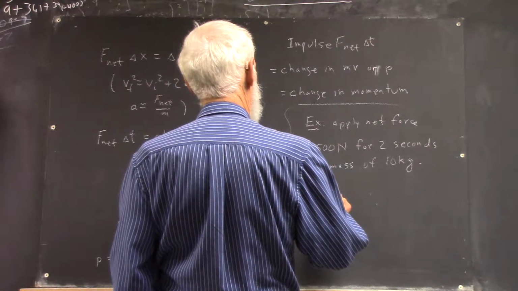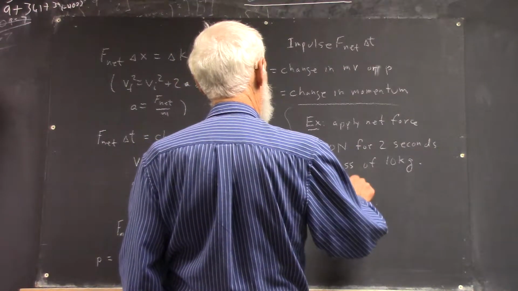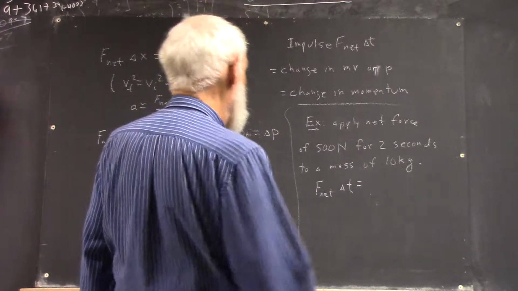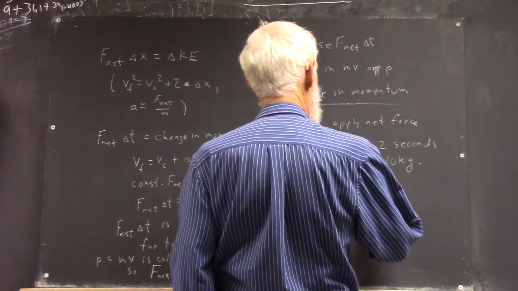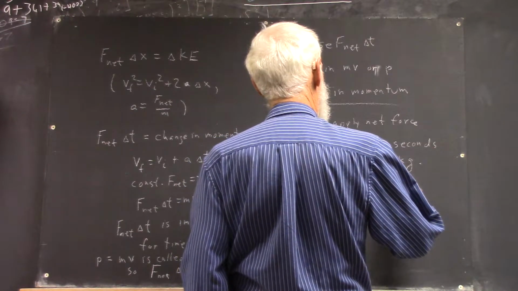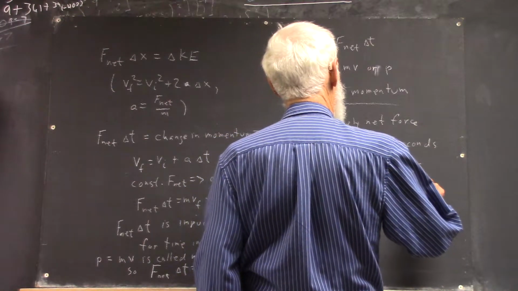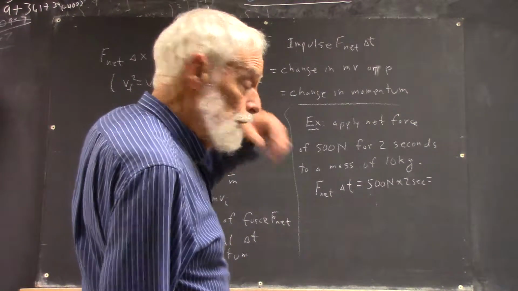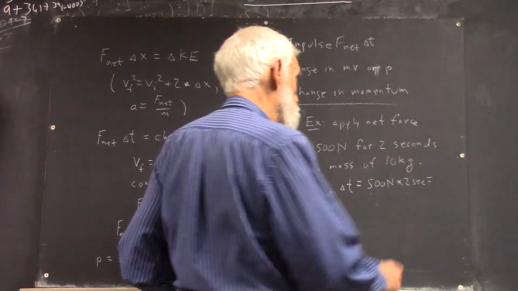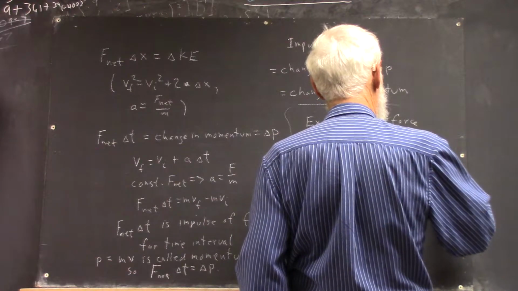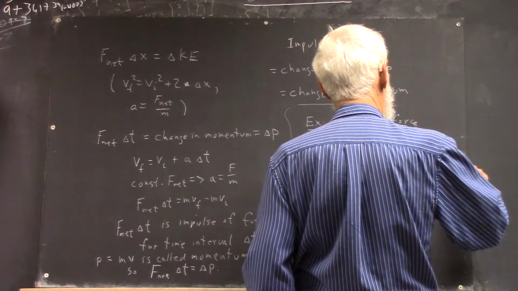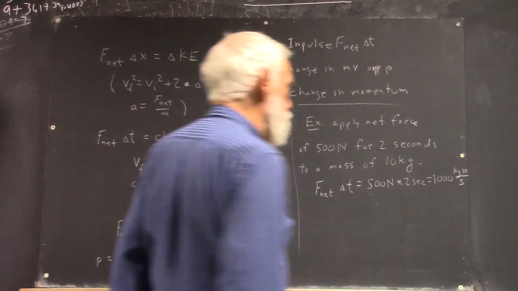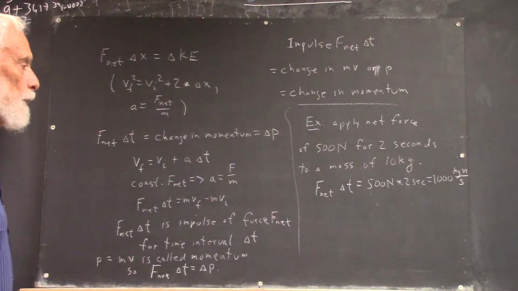I'm not going to write an equation, let's just look at the individual quantities. F net delta t is what? It's 500 newtons times 2 seconds. It's going to be 1,000 newton-seconds, which is 1,000 kilogram meters per second.